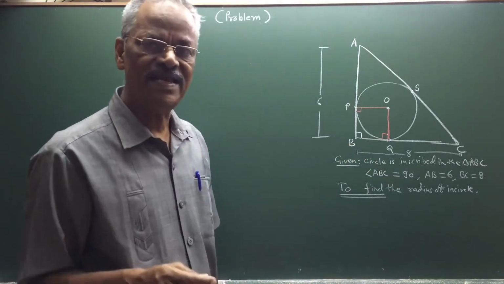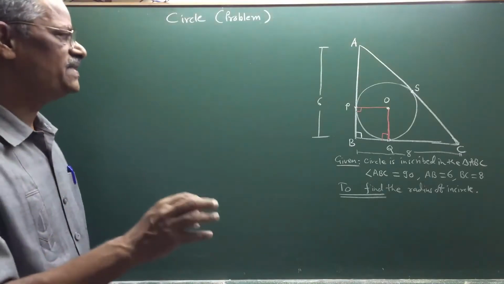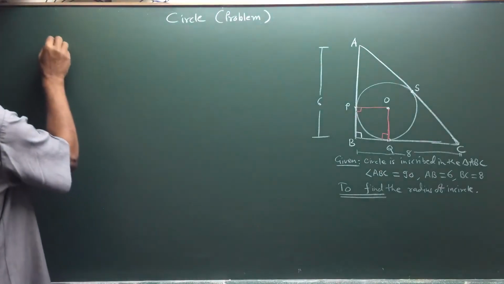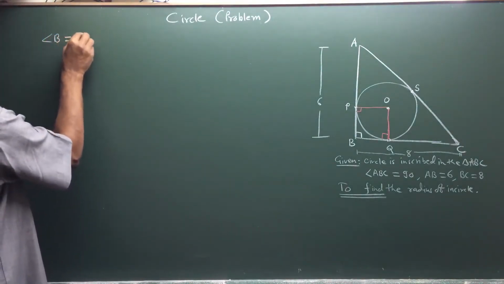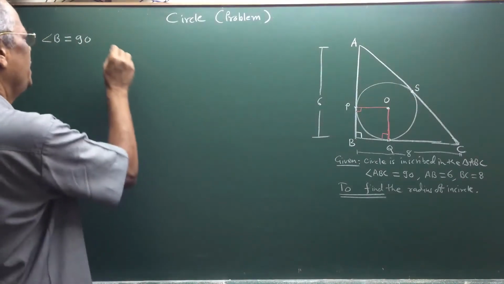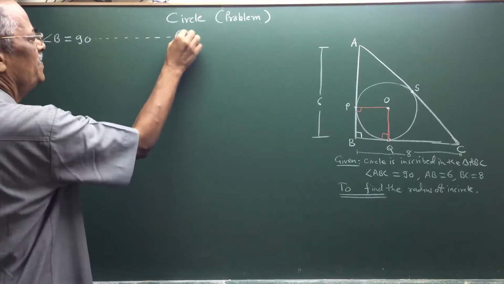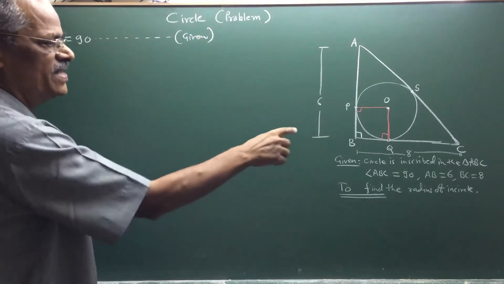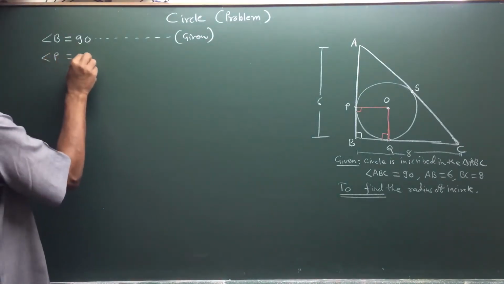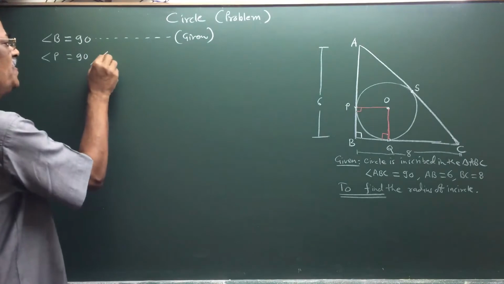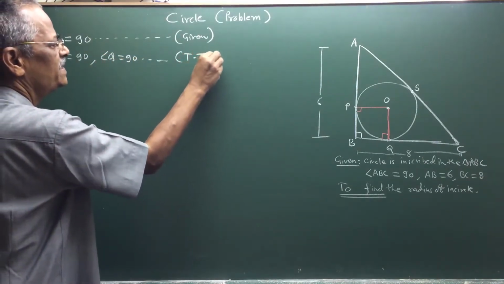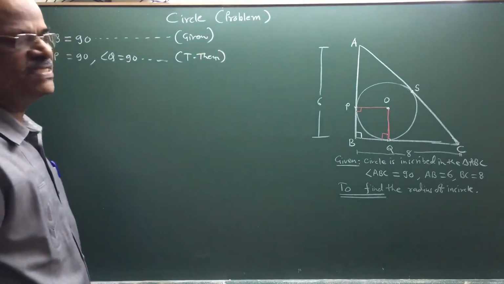So we can see that this is a right angle, this is a right angle, and angle B is given as 90. We can write angle B is equal to 90 because it is given. Angle P is 90, and angle Q is 90, by the tangent theorem.